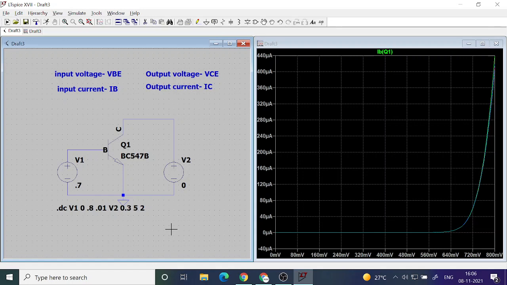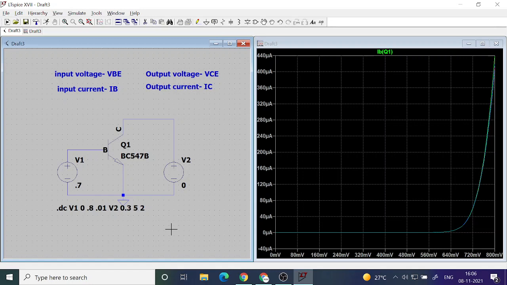So from this, what are the conclusions that you get? You have seen that input current is very sensitive to input voltage, whereas output current is very less dependent on output voltage.